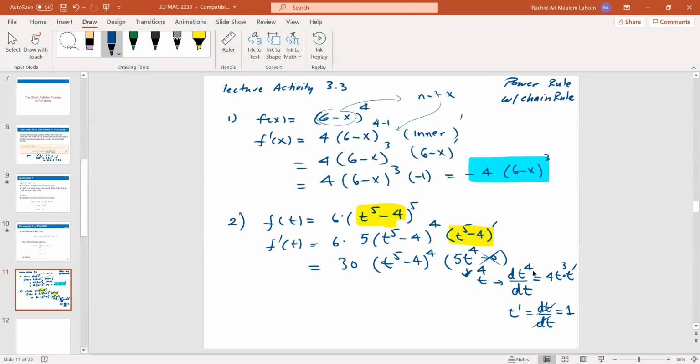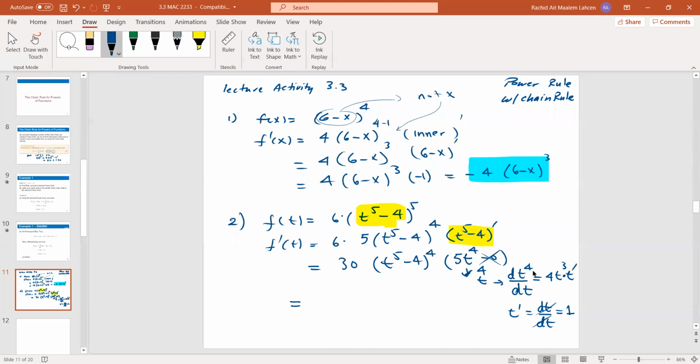So when you differentiate x with respect to x, and when you differentiate t with respect to t, they are 1. But when they're not the same, when you differentiate y with respect to x, you can't say 1 because that's dy over dx.